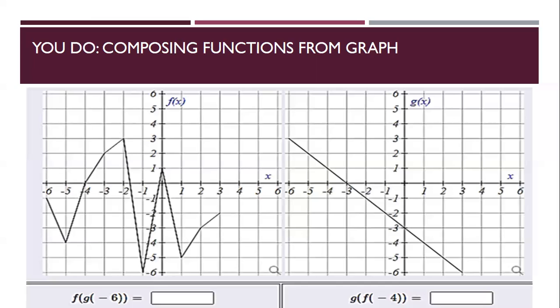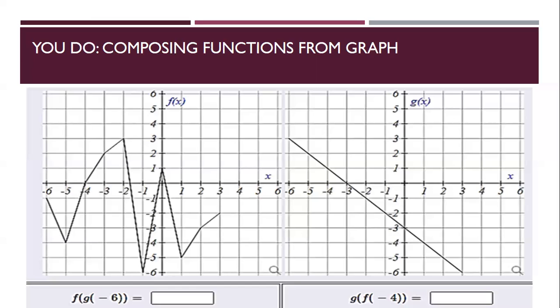How do you get negative 4? Okay, so the middle one is your X. I was so confused.